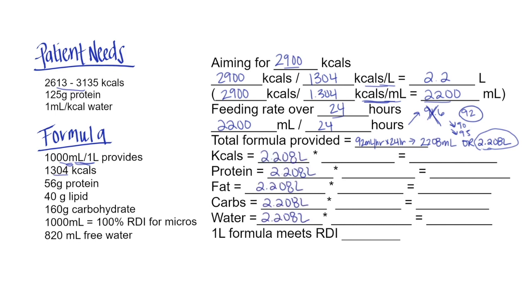And the reason I'm going to do that is because I know I'm going to have that same amount of formula, and I'm just trying to figure out how much of each of these I'm going to be providing to my patient. So again, this is speed round. We made this super easy. We correlated each of our lines all the way across so that we should be able to just pop in those numbers and calculate all the way. So I'm going to go ahead and start popping those numbers in and doing my calculations, and you can do those at home on your own piece of paper.